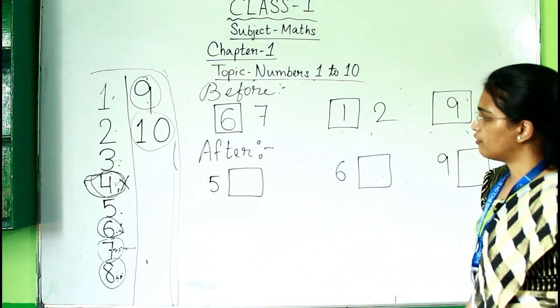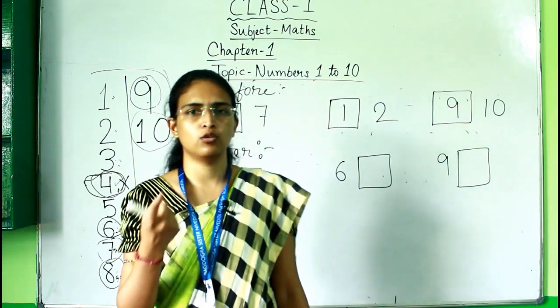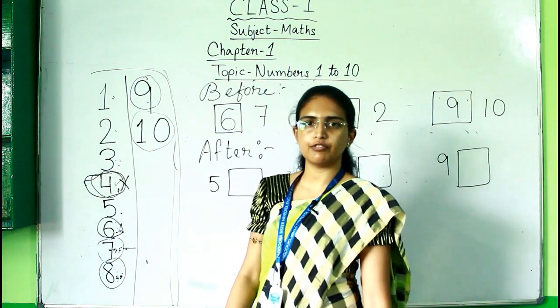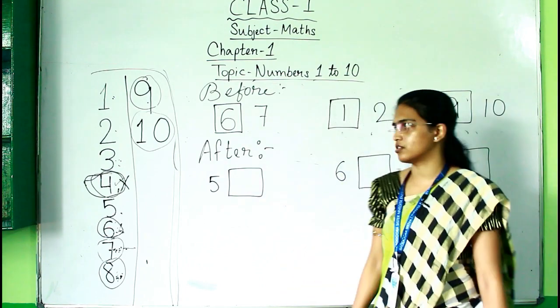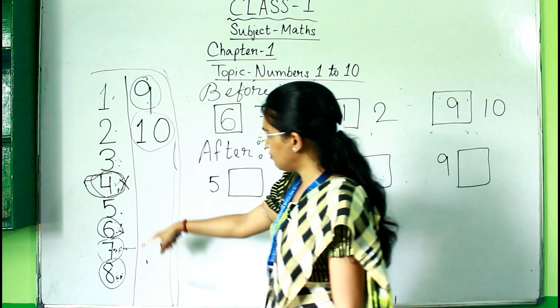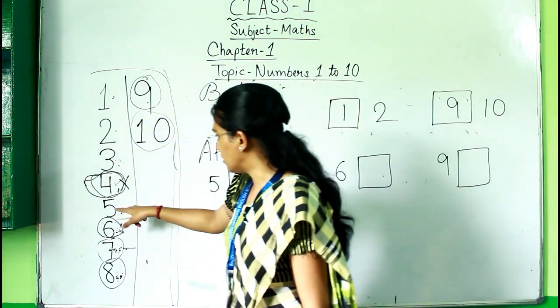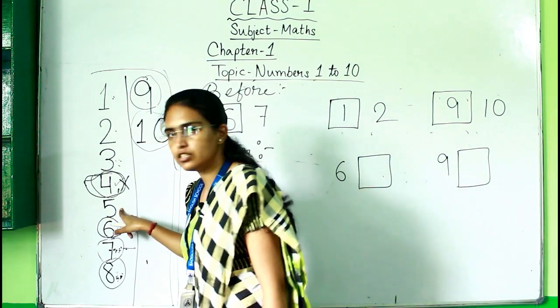What comes after 5? Do you know what comes after 5? Yes. Where is 5? Show me the chart. Yes, this is the number chart. And where is 5? This one is 5.